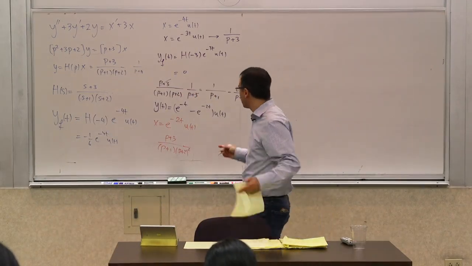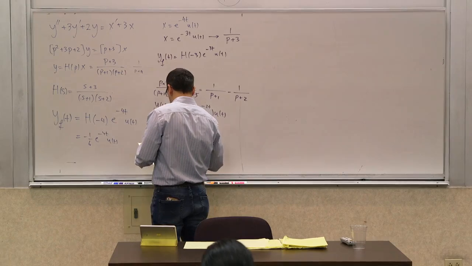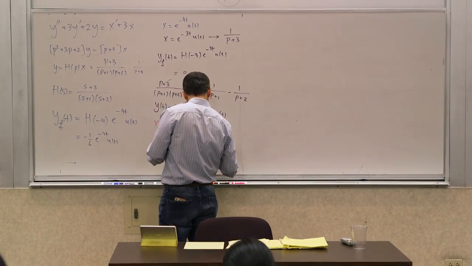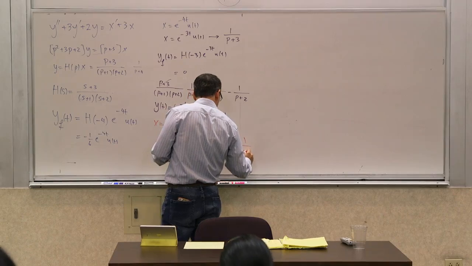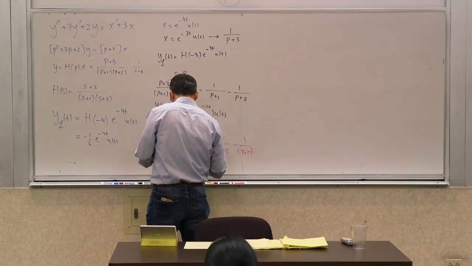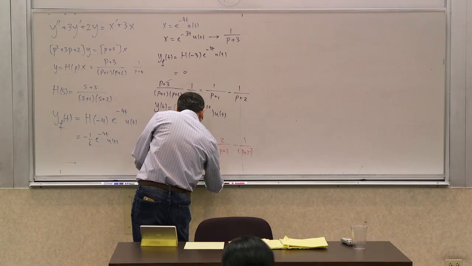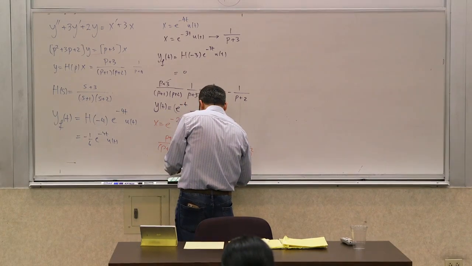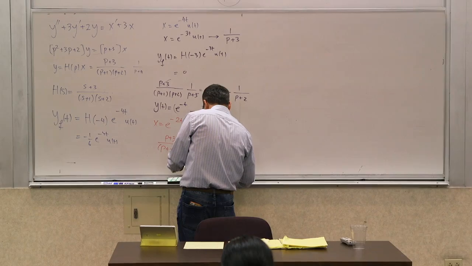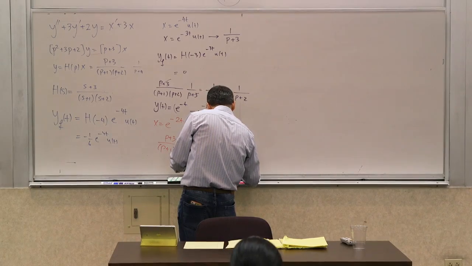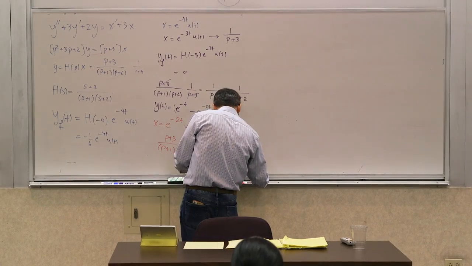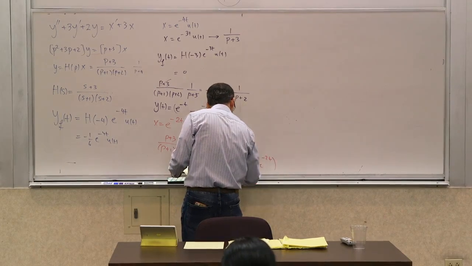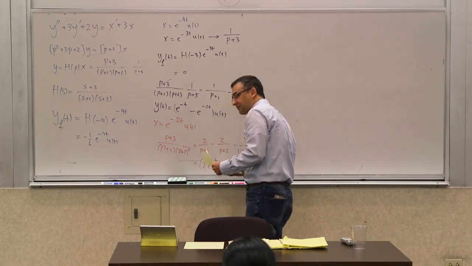Just like the partial fraction expansion of that is actually 2 over p plus 1 minus 2 over p plus 2 minus 1 over p plus 2 squared, which gives you 2e to the -t minus 2e to the -2t minus te to the -2t, u of t.